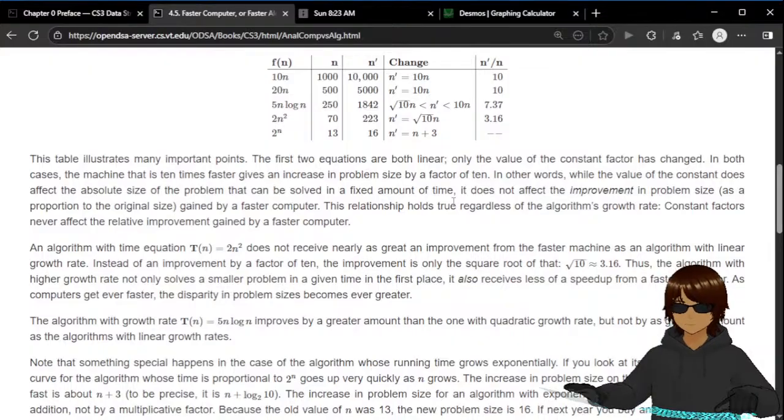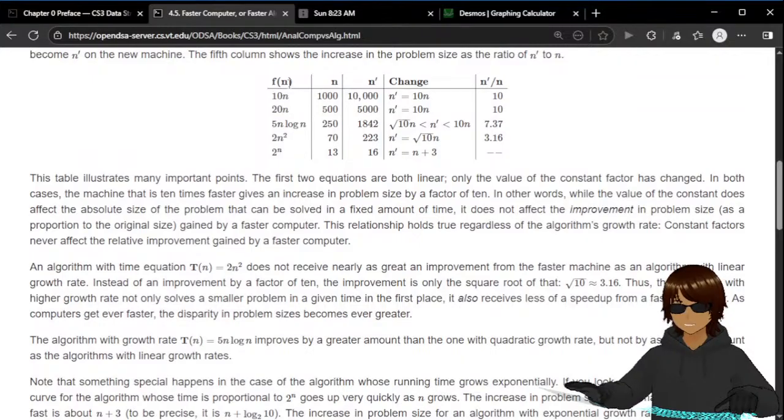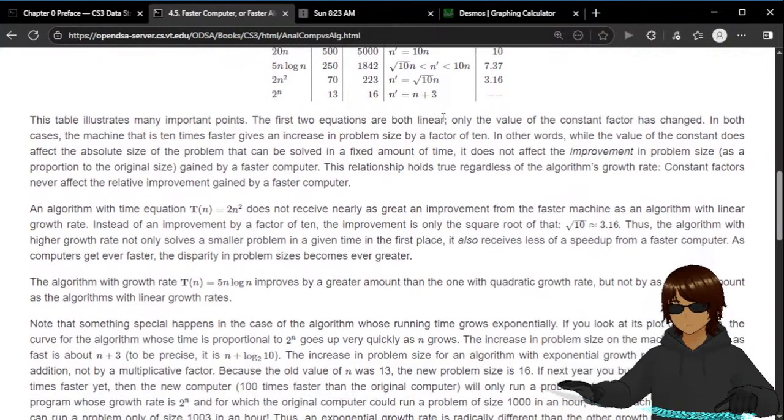This relationship holds true regardless of the algorithm's growth rate. Constant factors never affect the relative improvement gained by a faster computer. Oh. An algorithm with time equation 2n squared does not receive nearly as great an improvement from the faster machine as an algorithm with linear growth rate.